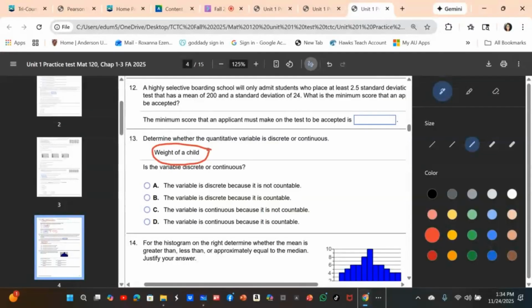And by the way, I hope you know what discrete means. Discrete is countable. Discrete means cannot contain decimal, while continuous means can contain decimal. Measurable. Measurable can contain decimal.